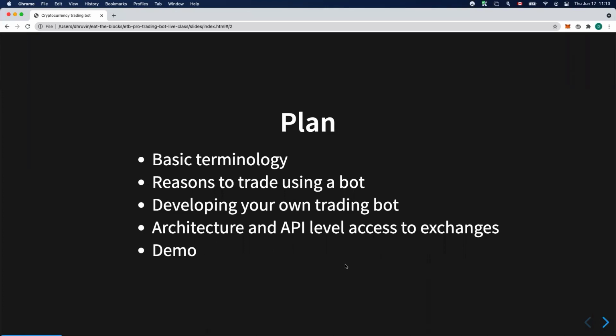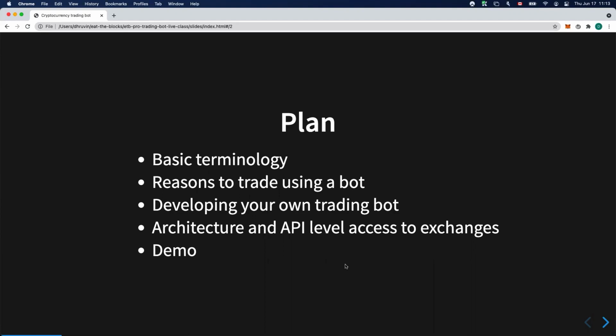The plan for the live class is that we're going to walk through the basic terminology that we will come across during this class. We're also going to dive into why there is a need to create a trading bot, a very brief reason for which I have already given at the start of the class.